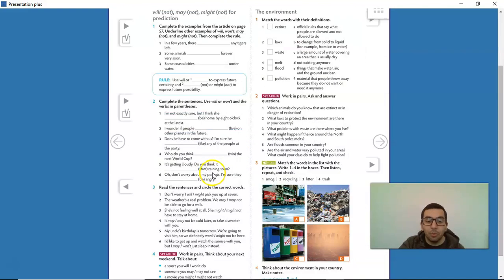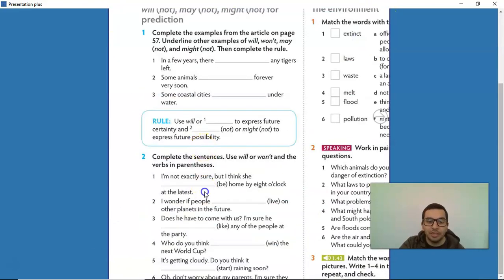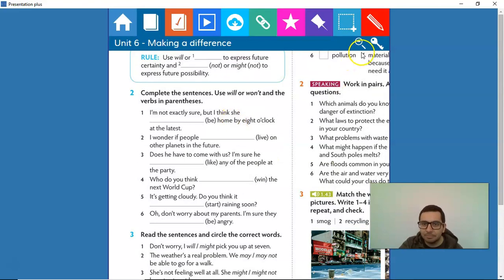So now, we have our activity 3. In activity 3, we need to circle the correct verbs. For example, number 1, don't worry, I will or I might pick you up at 7. So I want you to circle the correct words and then you come back for the answers, alright?